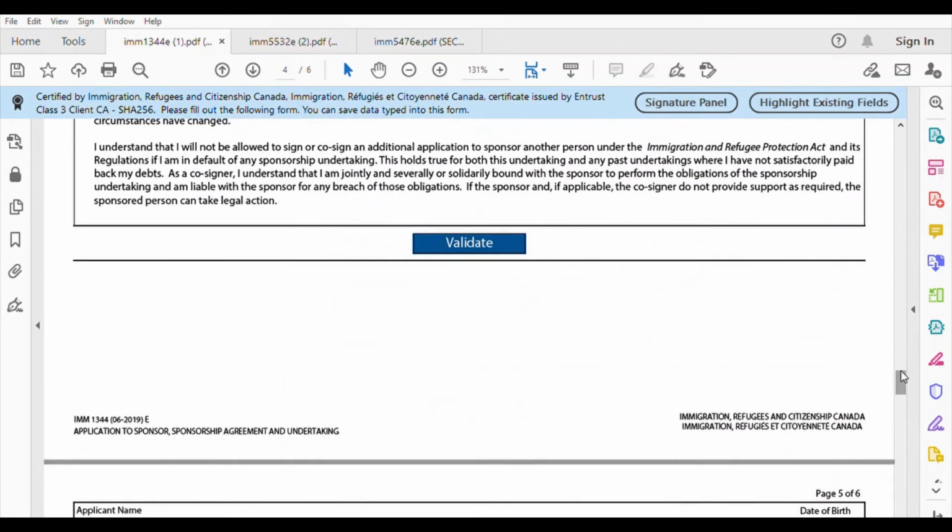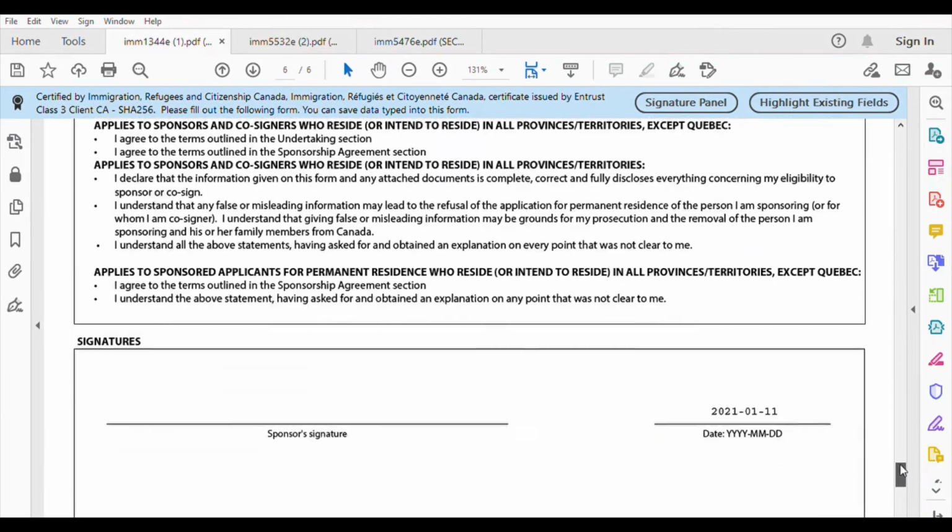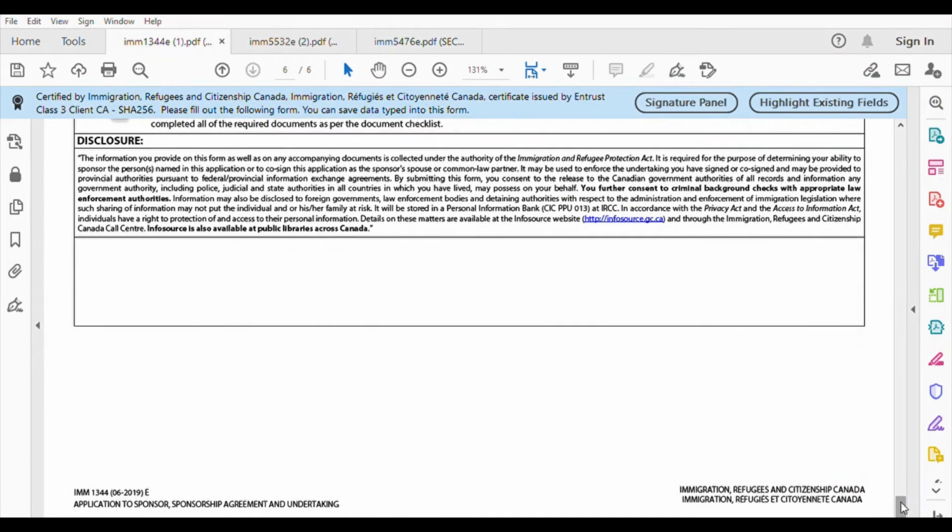So how to make sure that this validation is okay? This form has 6 pages, but after you do the validation, you will have extra pages with something called a barcode. This is very important. This application must have a barcode after you do the validation.